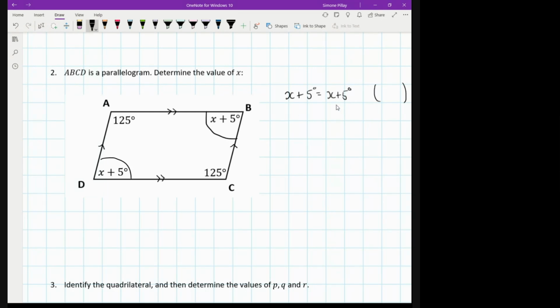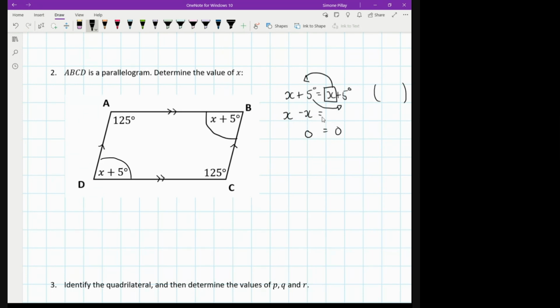Again, guys, I've used a tool. I see it's not going to work. Look at why it's not going to work. I have x. When I transpose this x over, it's going to become minus x. And then I have 0 on this side. And I'm going to end up with 0 on this side when I transpose my 5 as well. So that is not going to work.